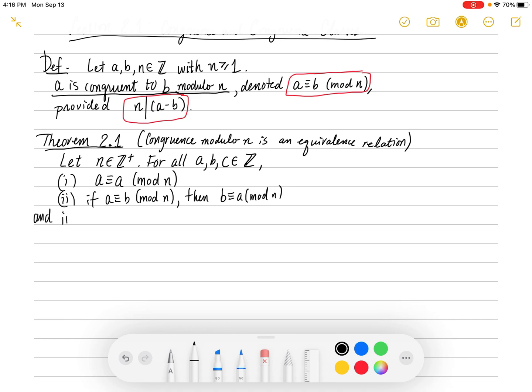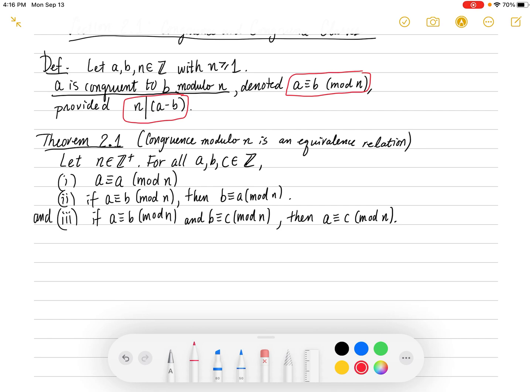And three, if a is congruent to b mod n, and b is congruent to c mod n, then a is congruent to c mod n. And you could articulate this one as, if a relates to b and b relates to c, then a relates to c.